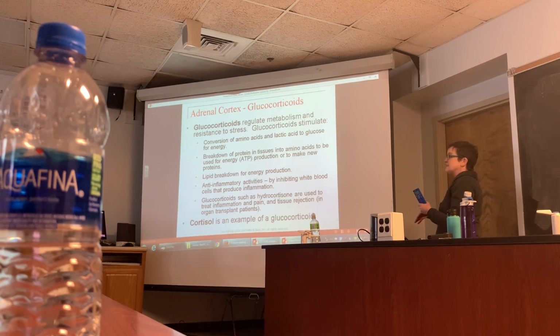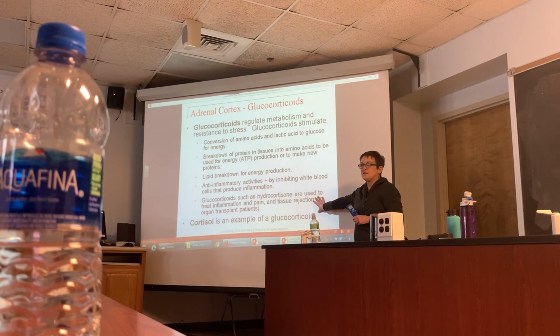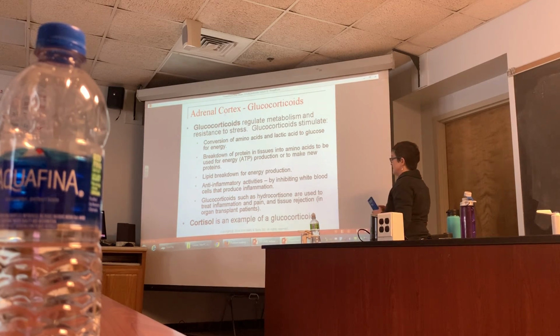So to suppress tissue rejection, people who have transplanted tissues or organs are put on glucocorticoids. The side effect, however, is that you're more susceptible to infection and catching colds and flu, because your immune system is not going to work as well, but it does try to prevent tissue rejection.